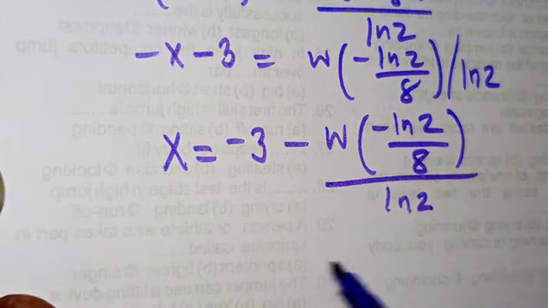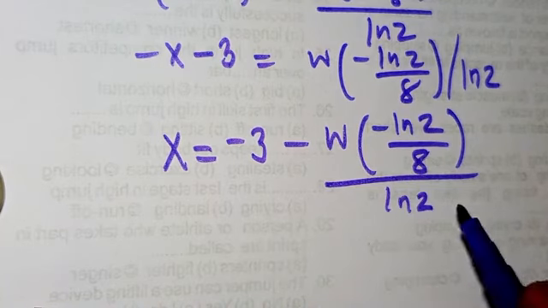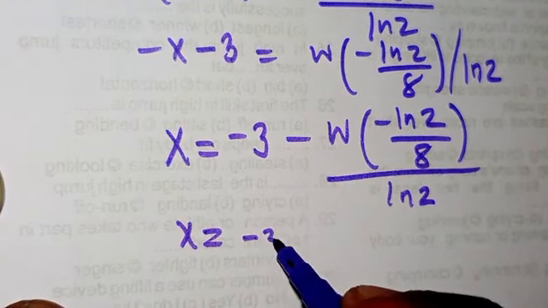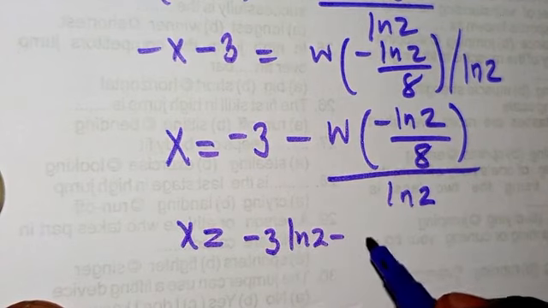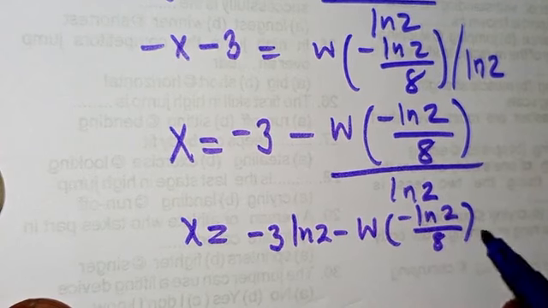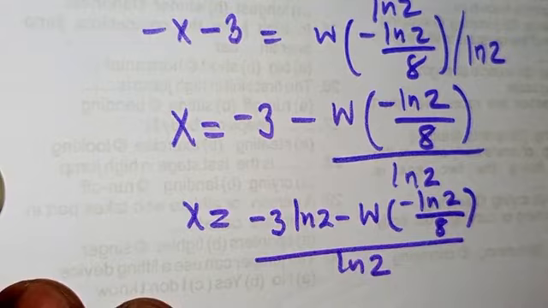So you can now write everything as a single fraction: x equals minus 3 times ln of 2 minus W of minus ln of 2 over 8, all over ln of 2.